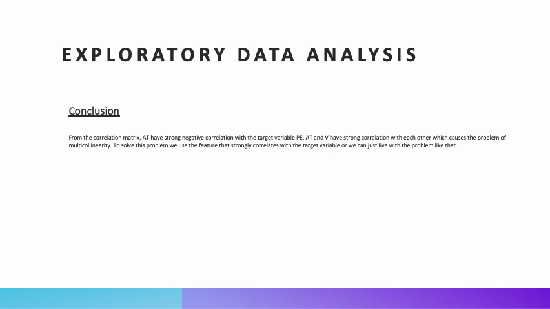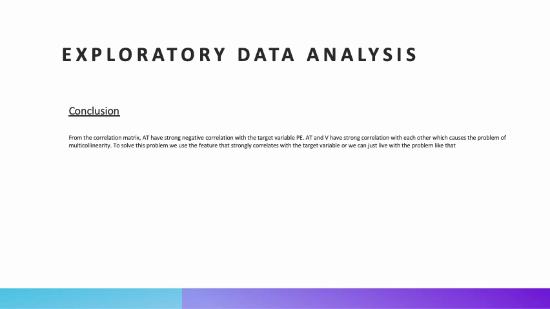Which might cause us the problem of multicollinearity, which is presently my conclusion. So the way to solve this problem is to pick a feature, which is AT, that strongly correlates with the target variable, that is PE. Or we can just live with the problem like that.